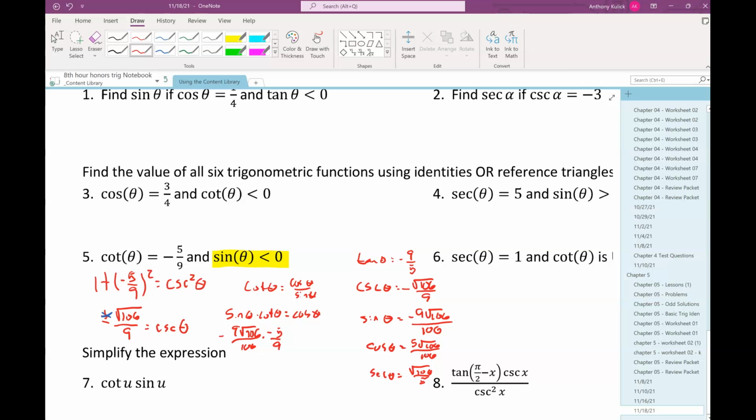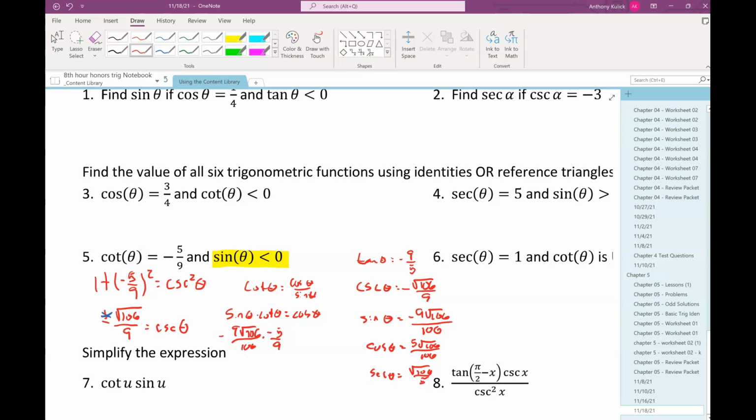Negative 5 over 9 squared. I just think of negative 5 over 81. So that's 25 over 81, right? Positive 25. Square the top and the bottom.